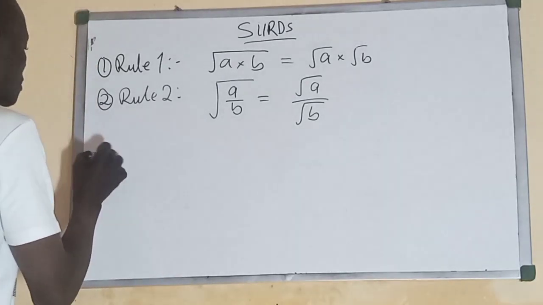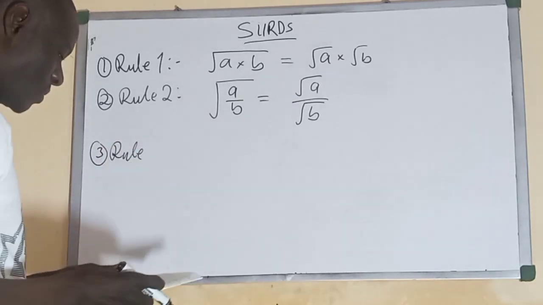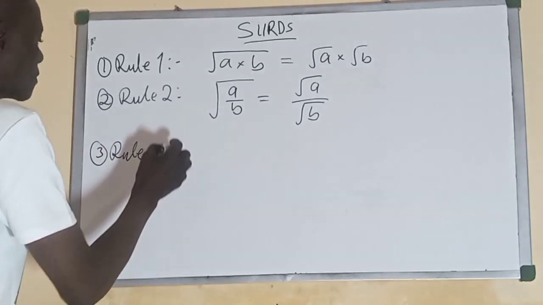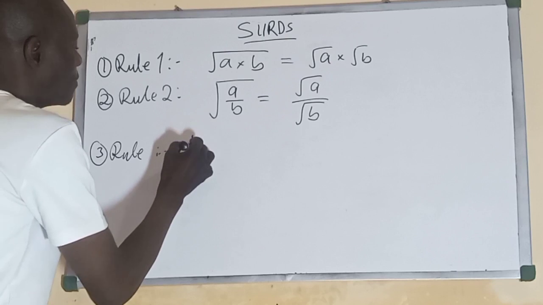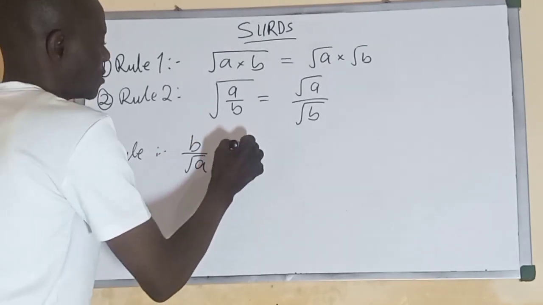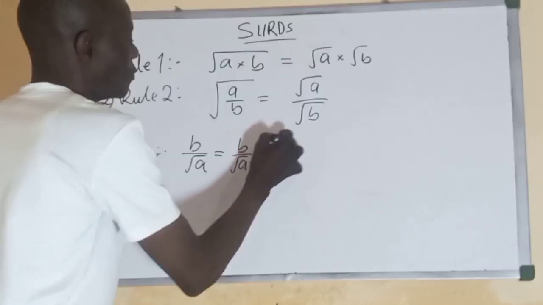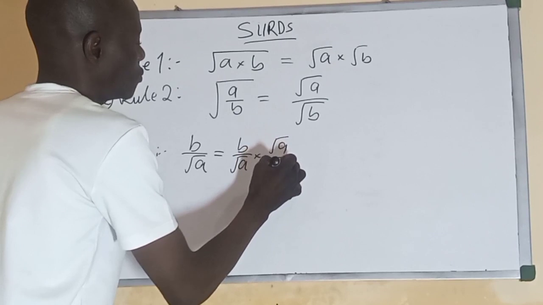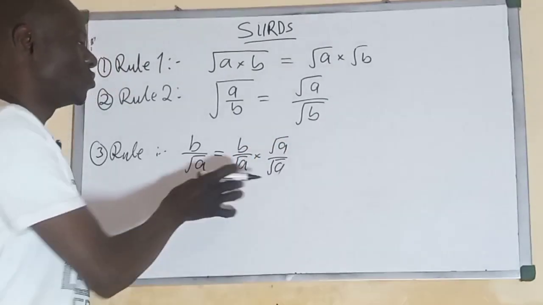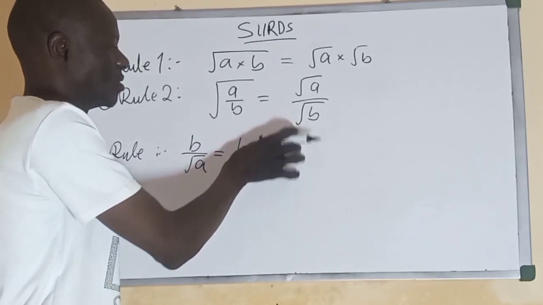The next thing is rule number 3. Rule number 3 says if you have b all over root of a, this is the same as b all over root of a multiplied by root of a all over root of a. So you do not perform anything here, you just manipulate.